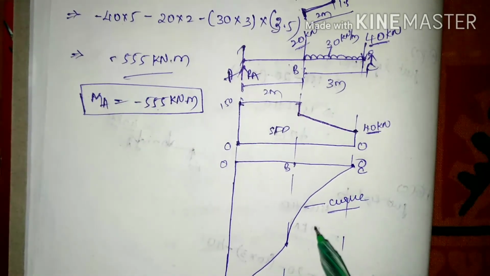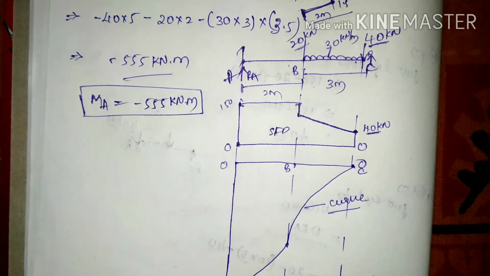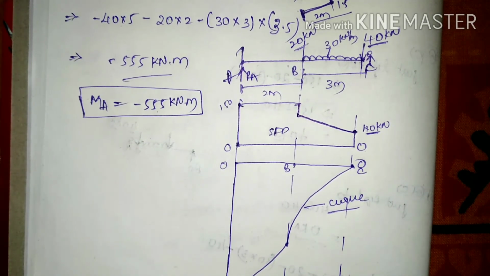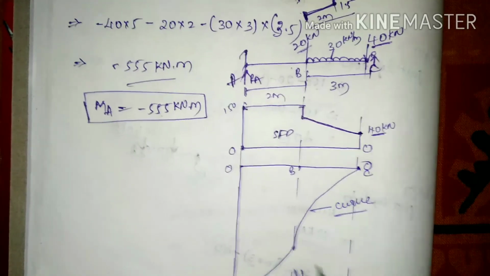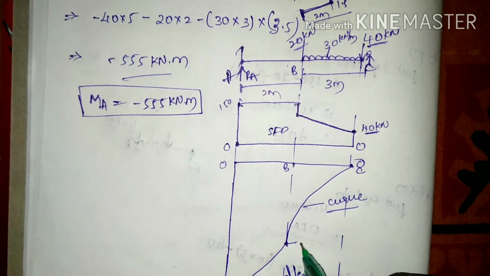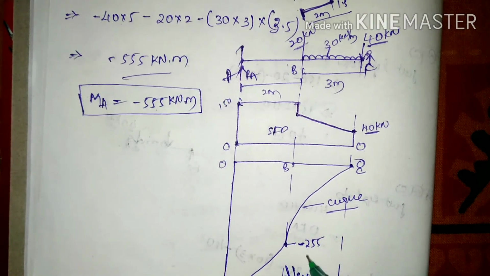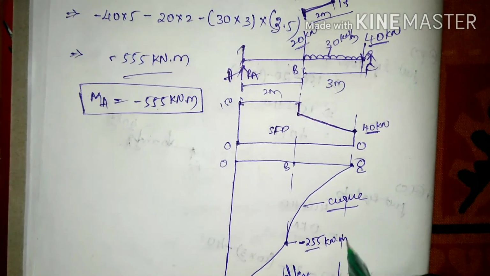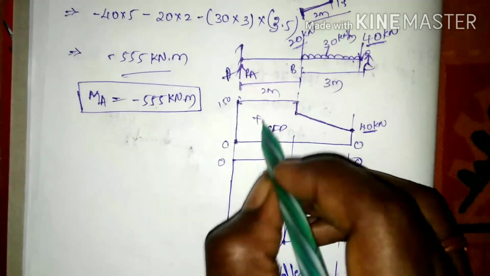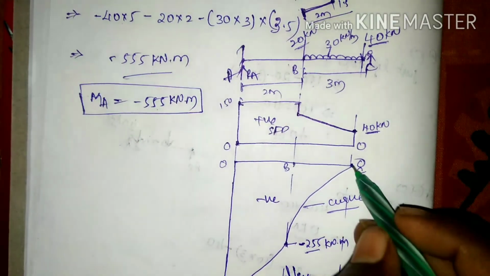You can mention in the exam, this is a curve. And for the values of the points, there is no need to mention the negative sign here, because we have already drawn the bending moment diagram in the hogging moment.